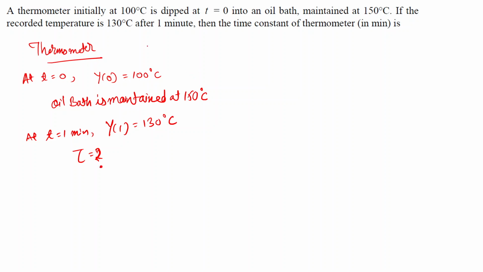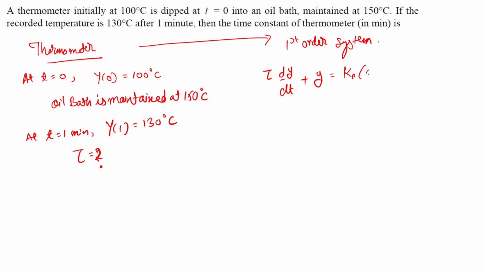So we know that we can consider the thermometer as a first order system. By first order system we basically mean that the model equation corresponding to this thermometer can be written in the form of tau dy by dt plus y is equal to Kp into x, where x is a function of time.